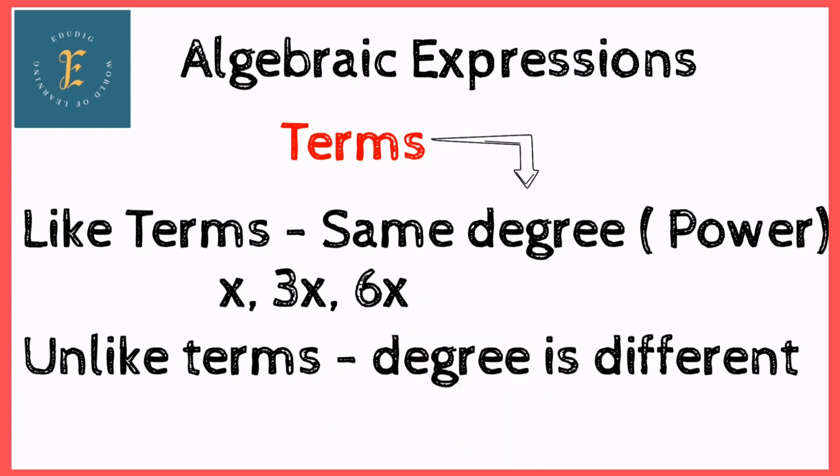Like in this example, x, minus x, 3x and 6x, three terms are there. Here the variables are the same, x, and the degree is also the same. x is holding a degree 1. So these are like terms. But in the other example, x square y, the degree is different and the variables are also different. So these are the unlike terms. This is how we check like and unlike terms.